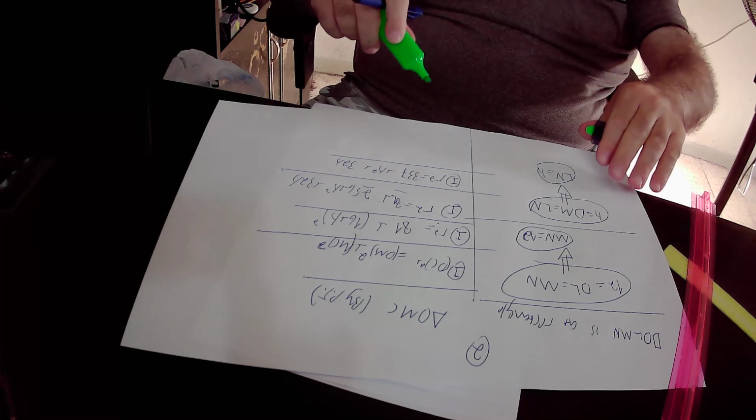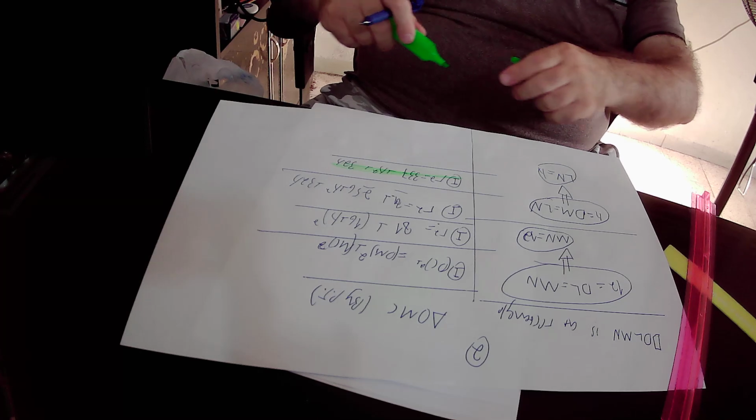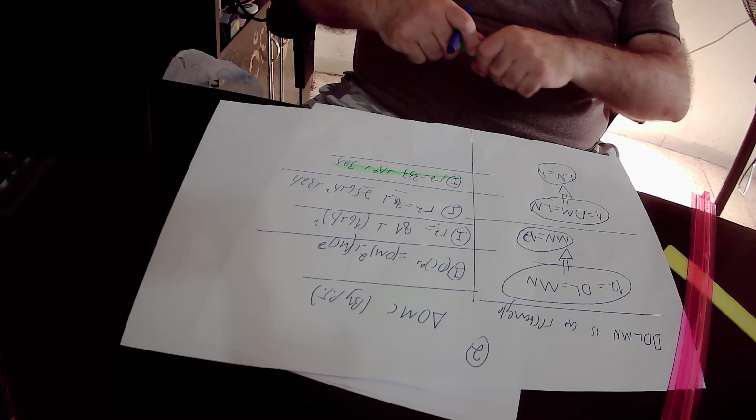Repeat again, according to equation number 1, R squared equals 337 plus H squared plus 32H.